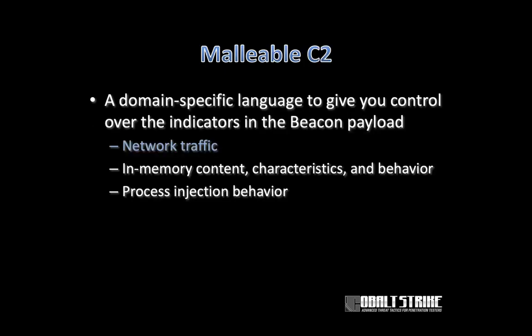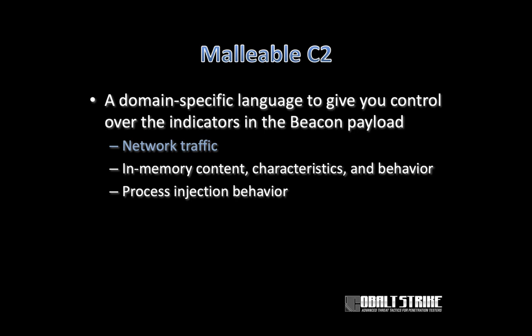Malleable C2 is a domain-specific language to give you control over the indicators in the beacon payload. Through Malleable C2, you can change what beacon's network traffic looks like. You can shape the in-memory content, characteristics, and behavior of the beacon payload.